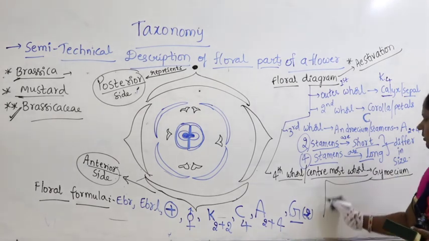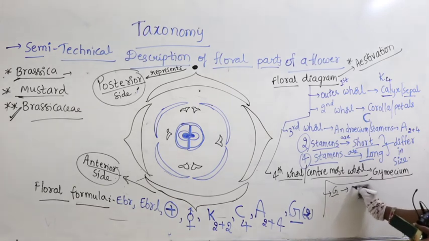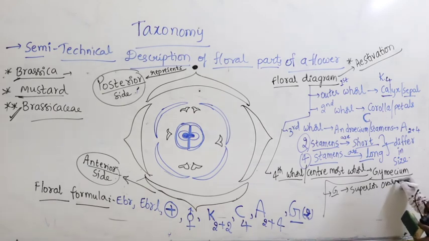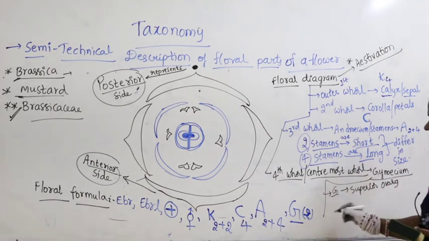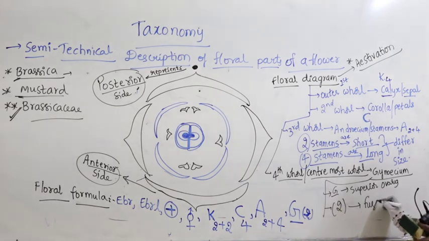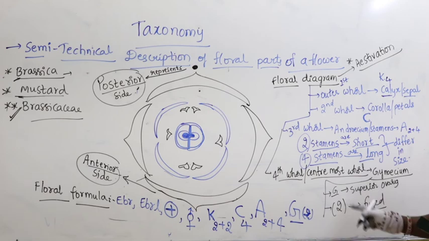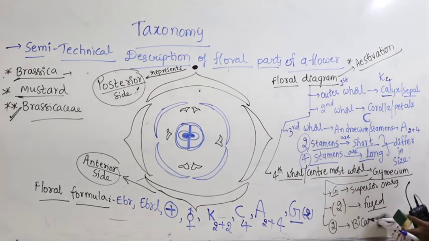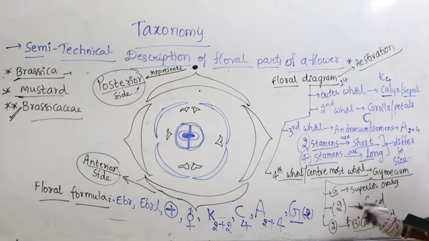This gynoecium, the down bar says this is a superior ovary, and the number is 2, and the bracket means they are fused. The number of carpels is 2, they are bicarpellary, meaning 2 carpels are present and they are kept in the bracket. Bracket says they are joined, attached to each other.